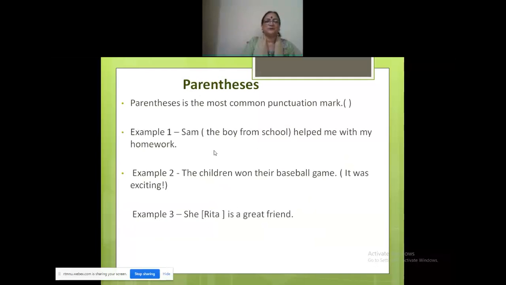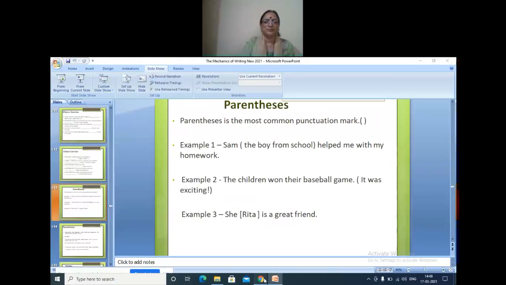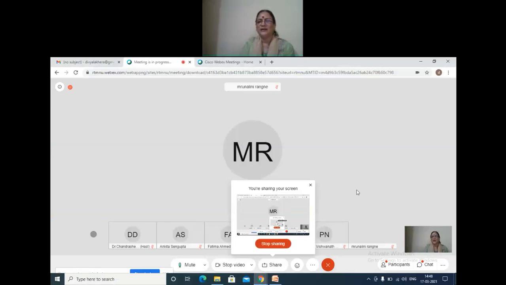Now we are coming to very simple sections. So, all clear till now? What we did today: we started with sentence structure, then inverted commas, and then the ellipsis.